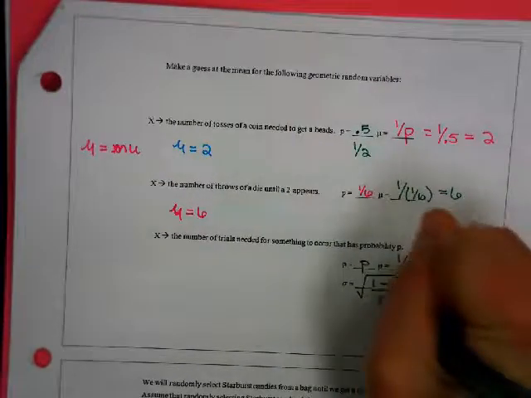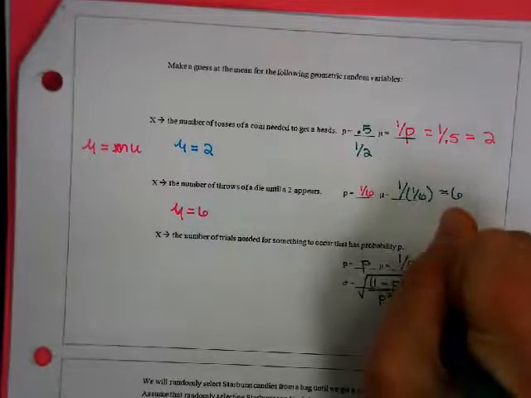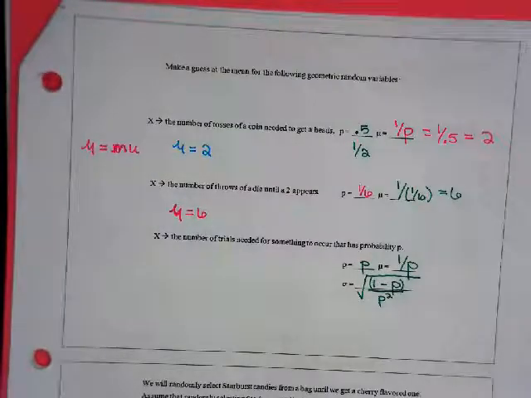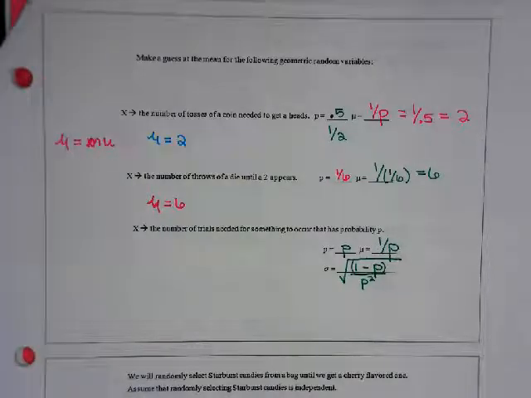Now, these formulas and the formulas for a binomial random variable are on the AP formula sheet, so I will give them to you for your test on Thursday. I'll give you the mean and standard deviation for geometric, and the same with binomial.